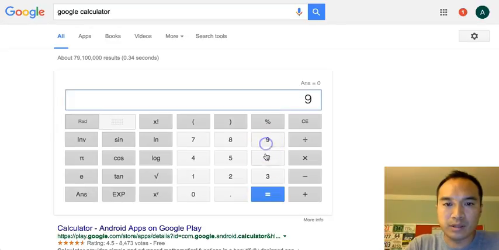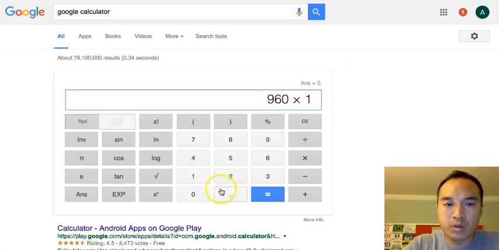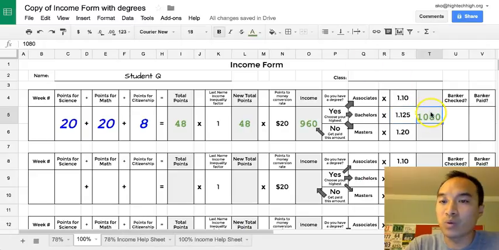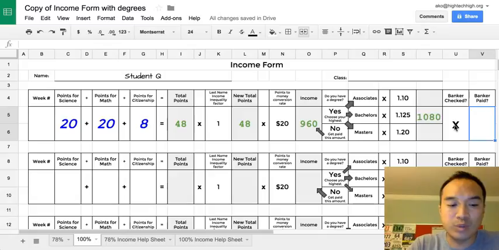So I'm going to type in $960 times 1.125 equals $1,080. So let's check that. Yes, $1,080 is right. So as the banker, you can say, yep, I checked it. And if you paid them, then you would go ahead and check this off, but don't check that off until you pay them.